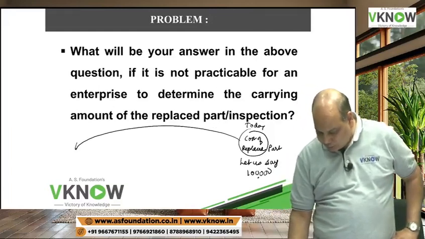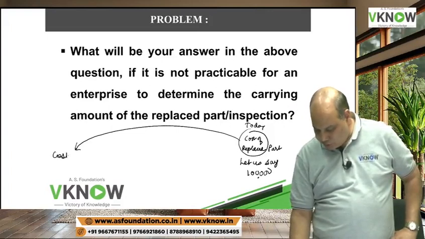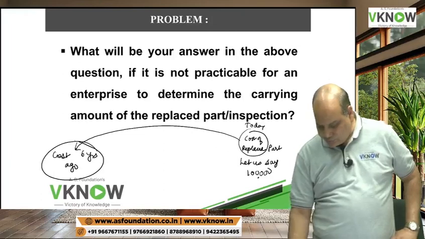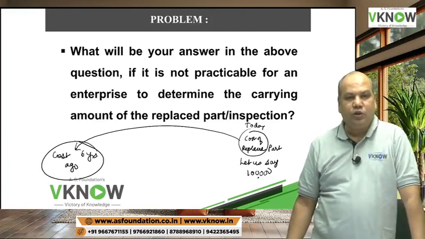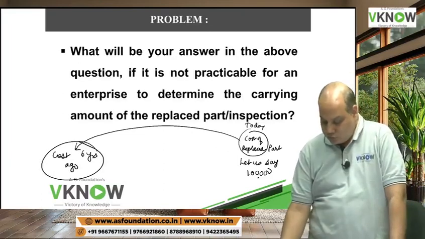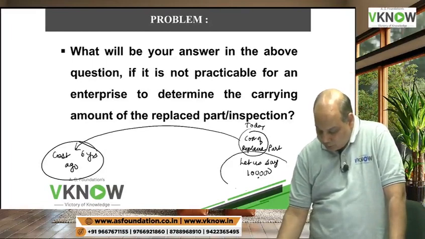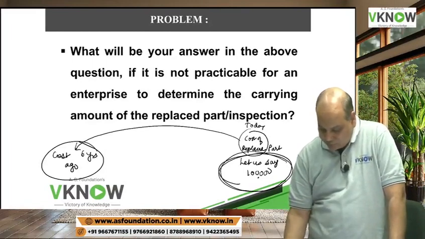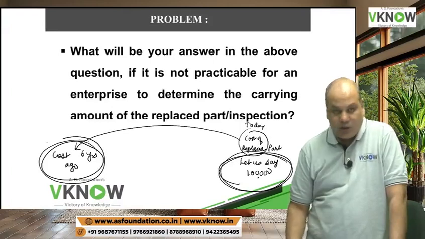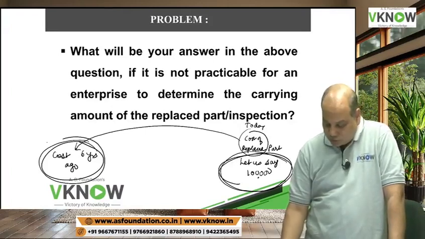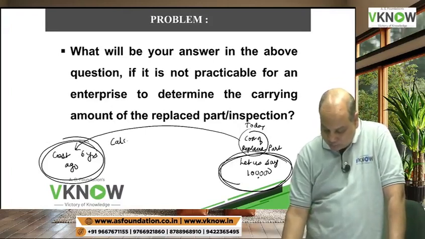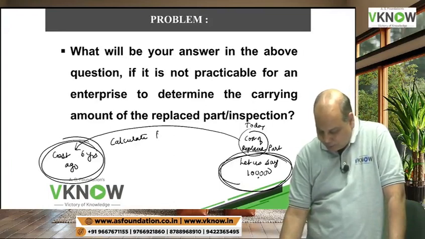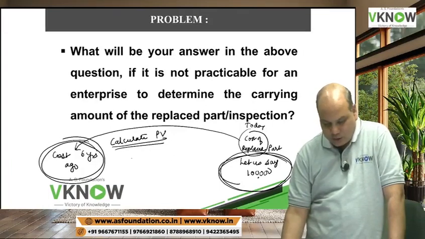I have to find out what the cost was 6 years ago. So the standard says take this as a basis and try to estimate the cost 6 years ago. So I will calculate the present value.